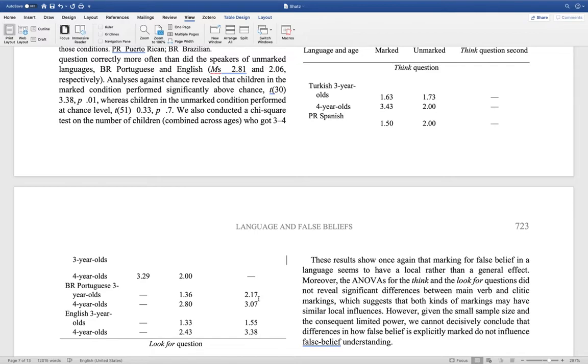Let's go back to the theory here, right? The idea that it would help 3-year-olds cross that developmental milestone into understanding false belief earlier. Well, we didn't find evidence for that. They didn't find evidence for that. But what it does show me is that in these young folks who just developed this ability, right?